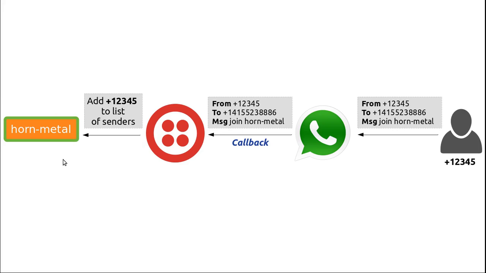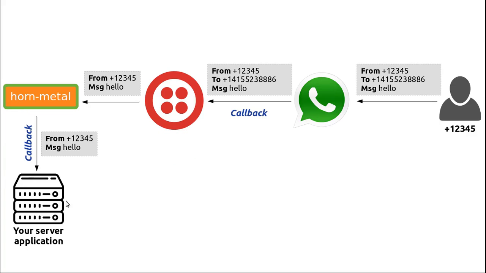What this means is that whenever you send any message to this phone number, which is Twilio's registered phone number with WhatsApp, that message will get forwarded to your sandbox. Your sandbox will receive that message from that user, and now you can connect your sandbox to your server application by providing a callback URL to your sandbox, and in this way you will be able to receive the message of that user.